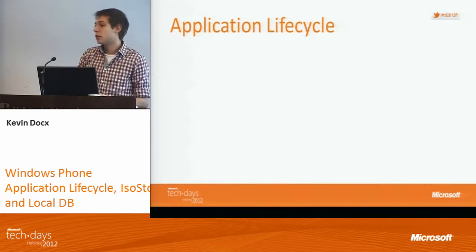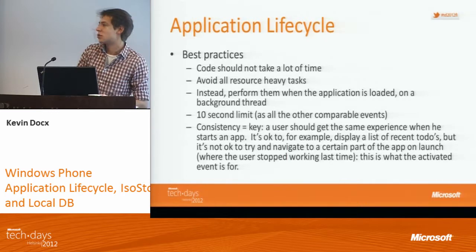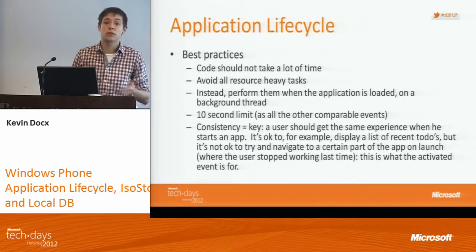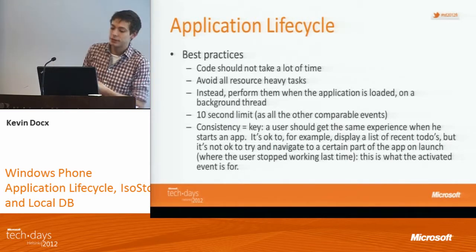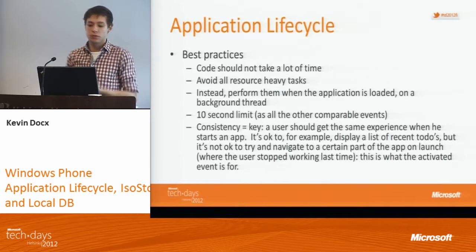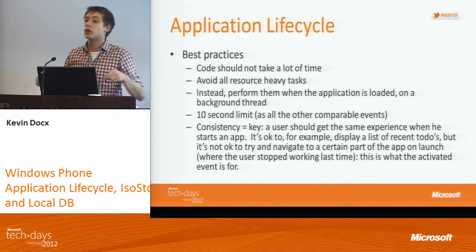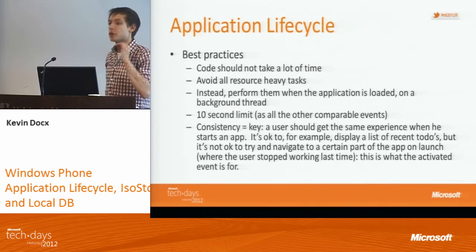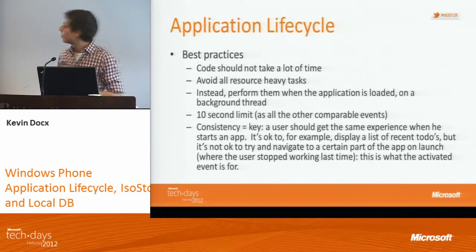And it should start up quickly, so you cannot load huge amounts of data when you launch your application. Well, at least you cannot do that on the regular thread. So code should not take a lot of time, and you should, of course, avoid all resource-heavy tasks. But you can work around this by loading your data on a background thread, which I will show you. Very important here, there's a 10-second limit. This 10-second limit applies to all the events I'm going to talk about.